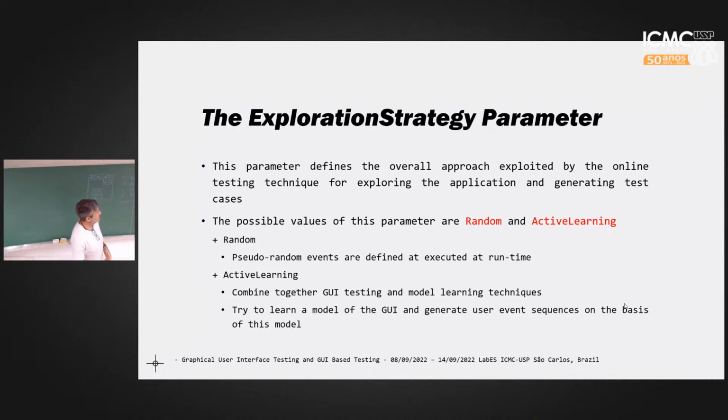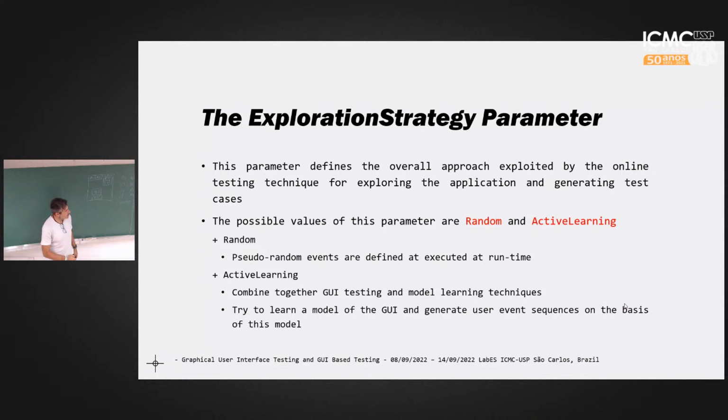So random means that I don't want to remember, like me. I walk and I don't take care of what I encountered during my exploration. There are other approaches. Okay, I'm active learning. I build a model. I want to know where I am.